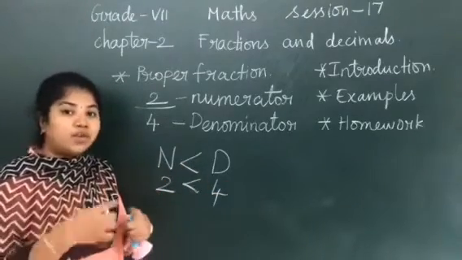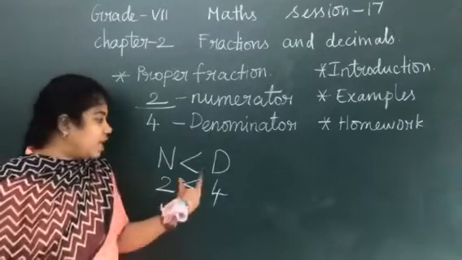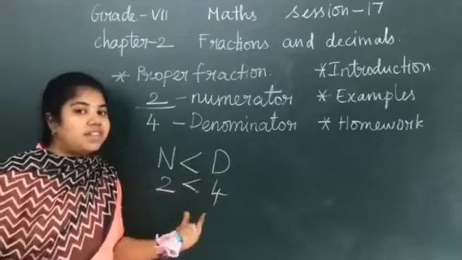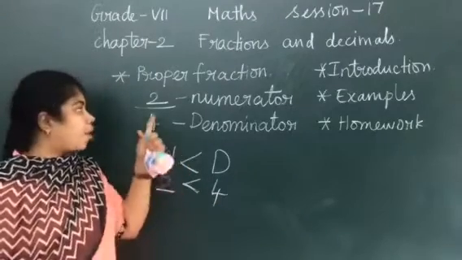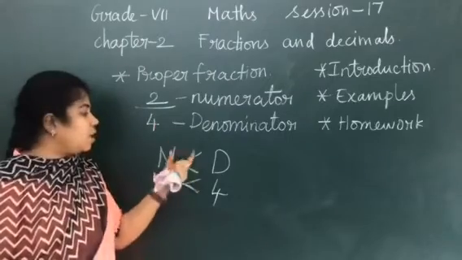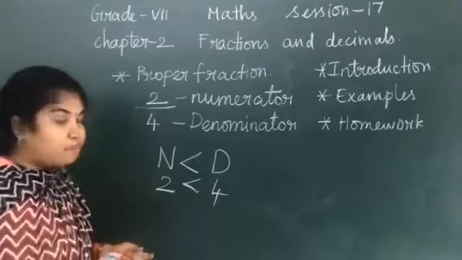So I have another fraction, the improper fraction. What would it be? Obviously, if my denominator is less than the numerator, then it will be an improper fraction. Can you understand? Proper fraction means my numerator is less than the denominator. Now let us see the improper fraction.